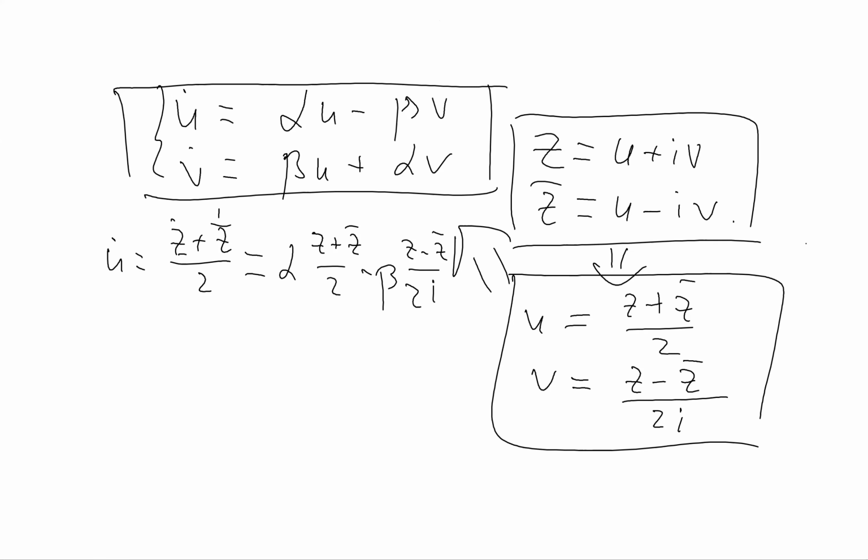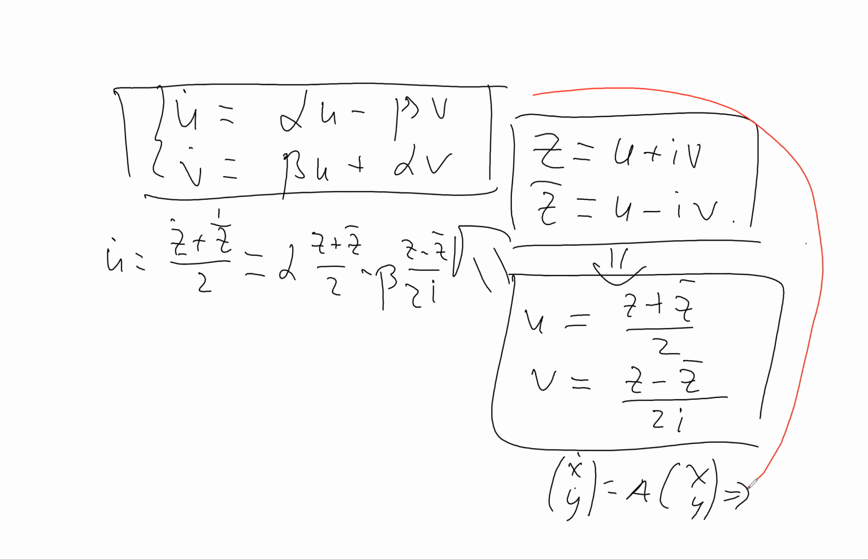So we had this originally: (x, u) dot equals A times (x, u). Then we transferred it into this. We made a change of variables and came here. And now I am changing variables to get these equations in terms of z.